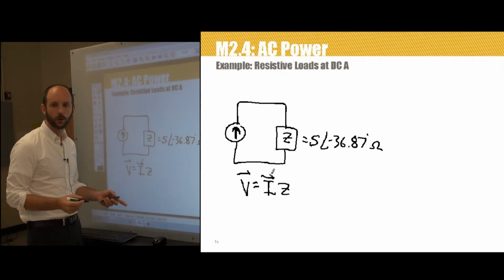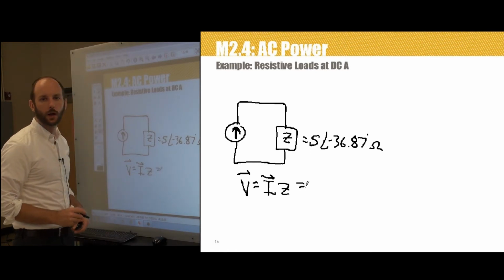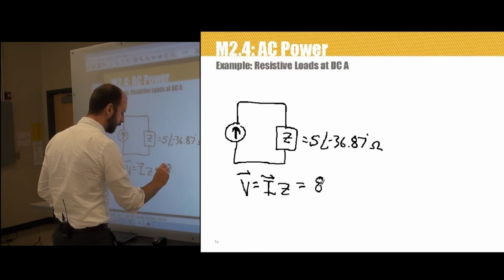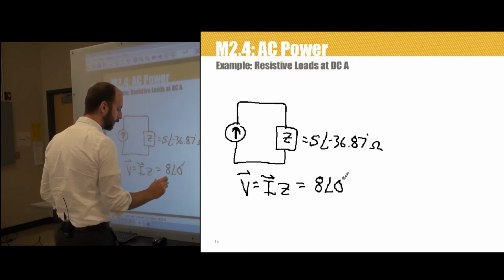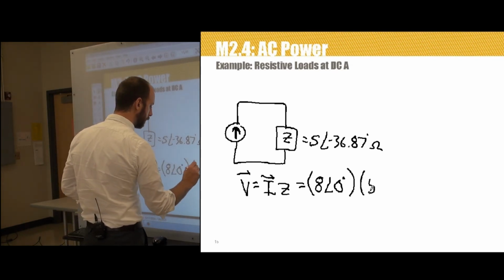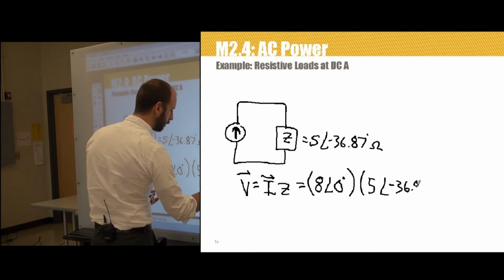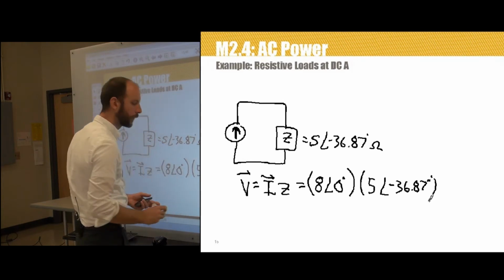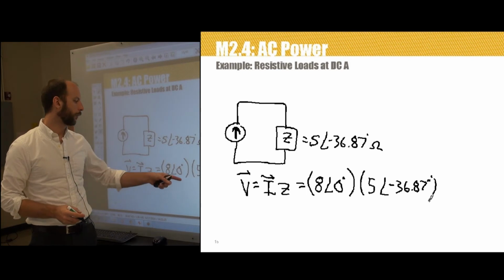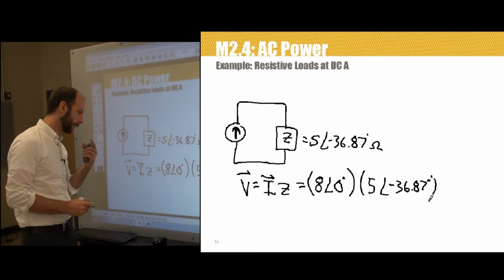We don't know that yet, so we just need to multiply I times Z. Previously I was 8 amps at an angle of 0 degrees, and we multiply it by 5 at an angle of negative 36.87. 8 times 5 is 40, and 0 plus negative 36.87 is just minus 36.87.